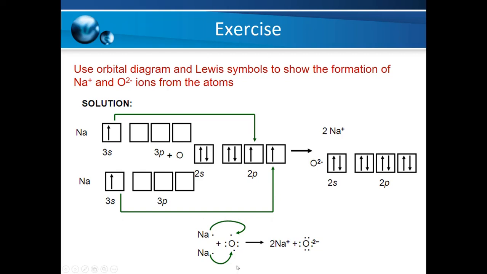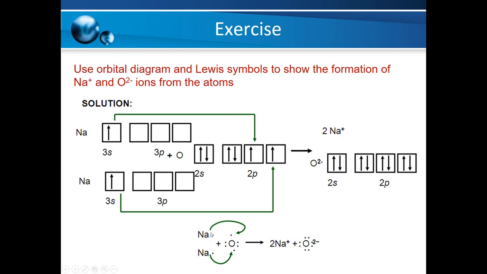So it will become 2, 4, 6, 8, because 2 electrons are added here, accepted from 1 sodium and another 1 sodium.